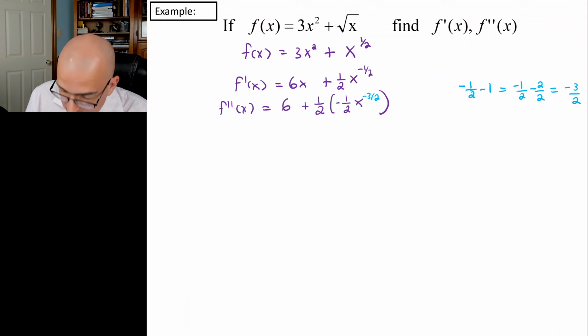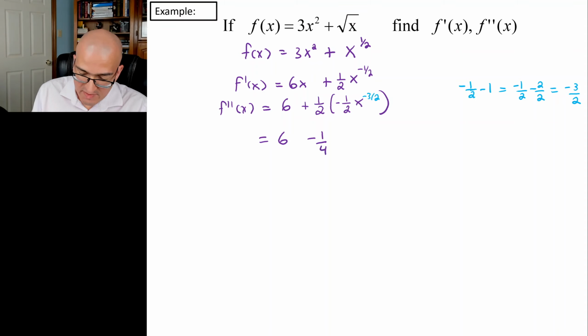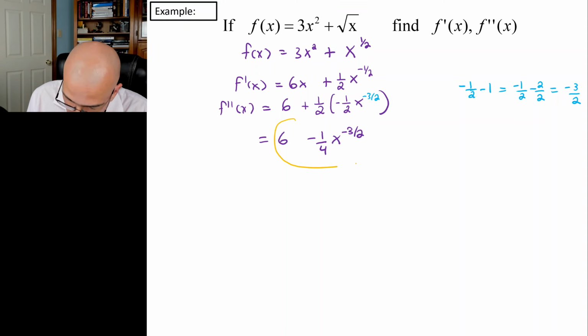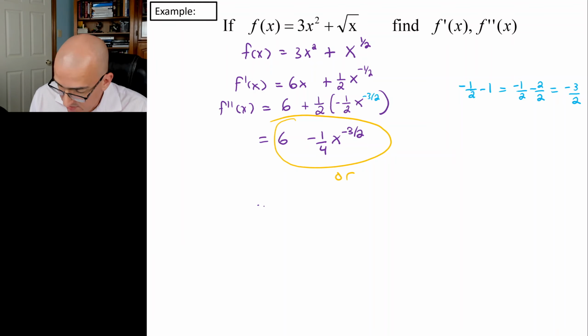And we really should clean this up. 1/2 times negative 1/2 is negative 1 over 4, top times top, bottom times bottom. And I'll say that's a good answer. Or sometimes you have to do this: 6 minus 1 over 4 times x to the power of 3 over 2.